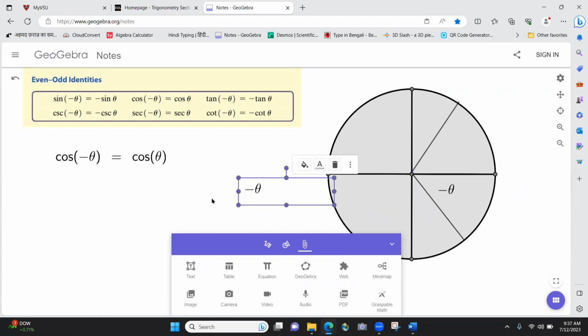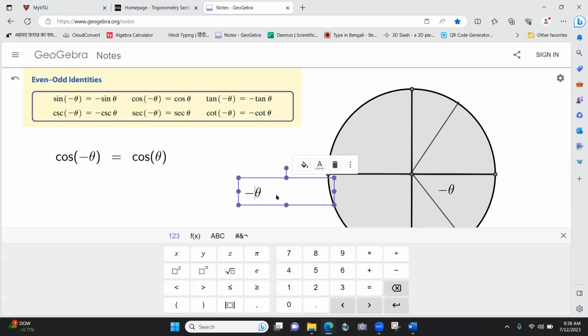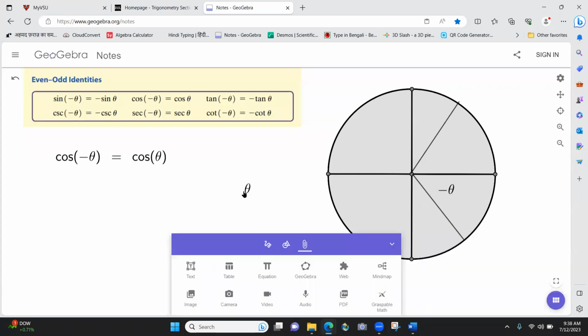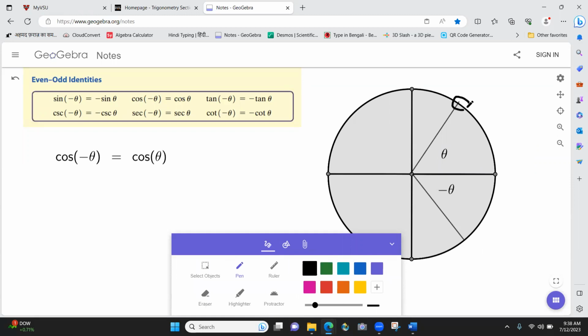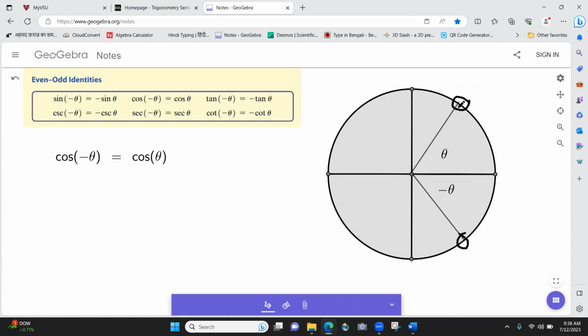It doesn't matter where you draw the line, guys. Sine is the y coordinate, so it's going to have a different sign. If this is plus half, this is going to be minus half. It's going to be flipped, right? So that's what they are really saying. Sine negative theta is negative sine theta.